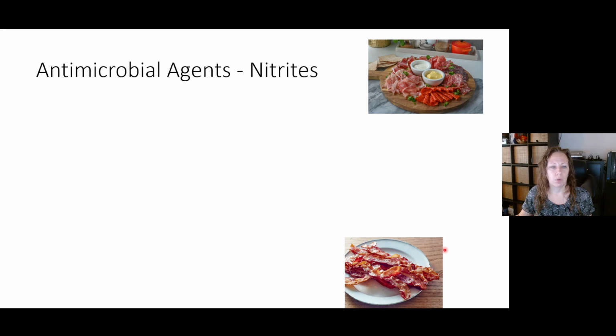So another example of an antimicrobial agent is nitrites. So this is sodium nitrite, which is used, and that's NaNO2, which is different from what the book tells you. The book gives NaNO3, which is sodium nitrate. Very related, but not the same thing.